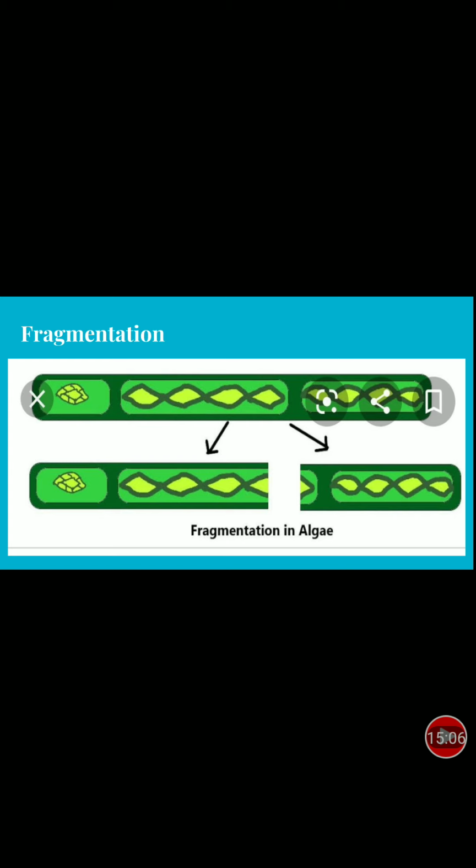These fragments or pieces grow into new individuals. This process continues and they cover a large area. It happens very fast, provided they have the right environment and good nutrients. Water also is important. They cover a large area in a short period of time.